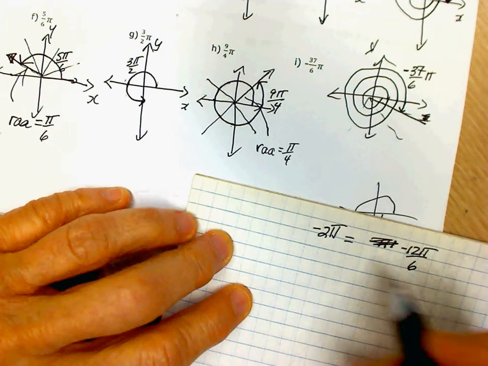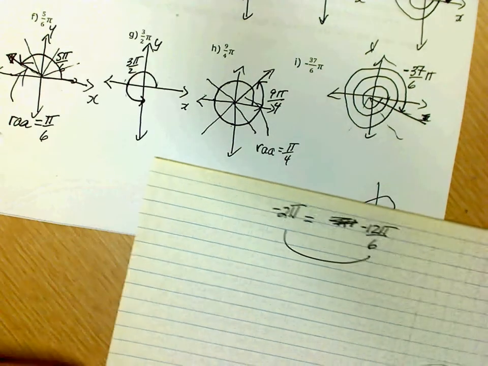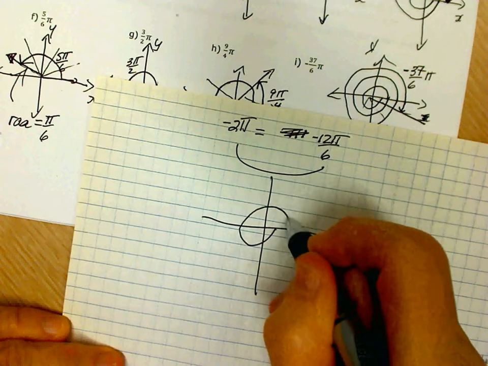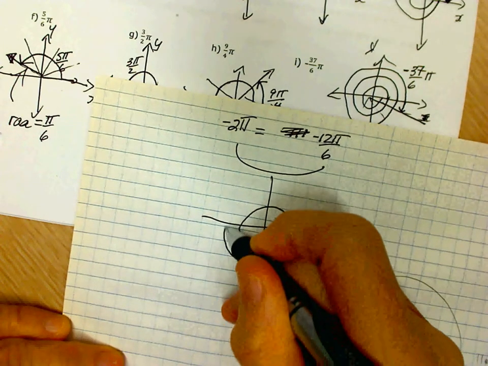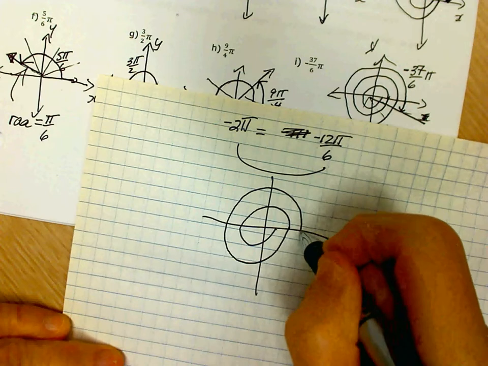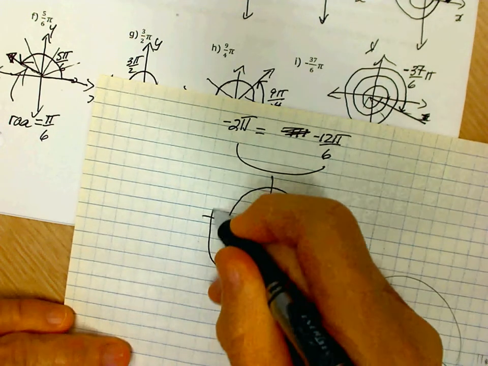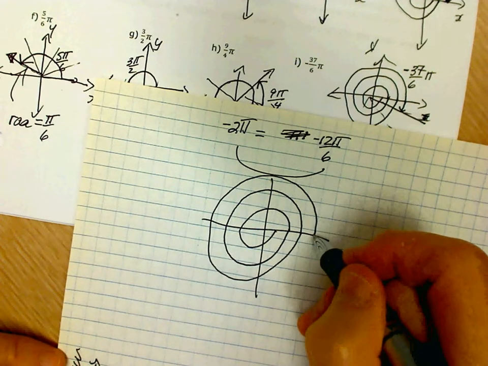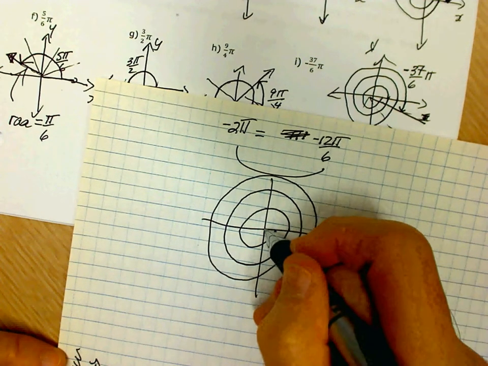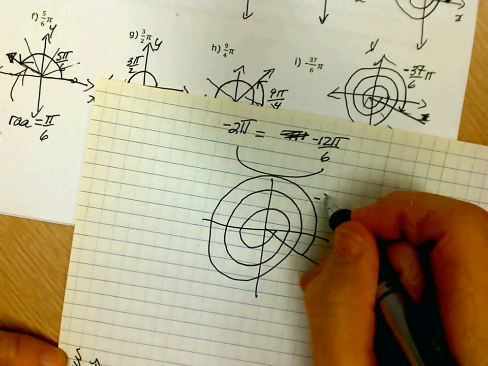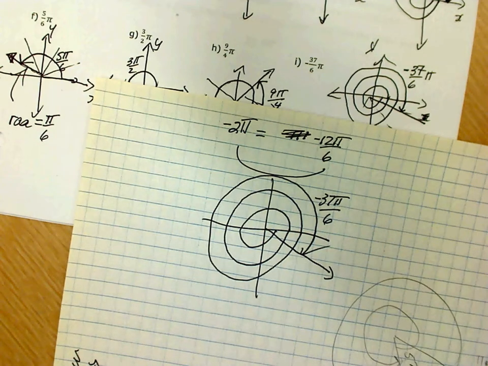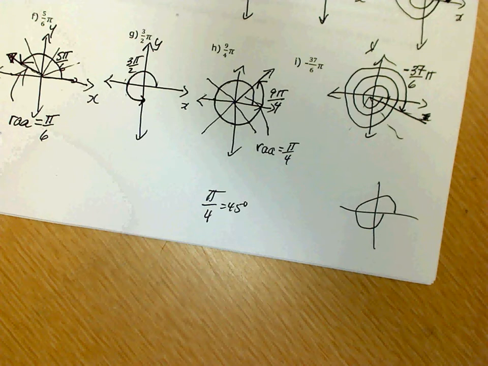So just doing it again: negative 12 pi by 6. 2 times that is negative 24 pi by 6. 3 times that is negative 36 pi by 6. So this is negative 36 pi by 6. We just need one more pi by 6. Okay? Those are angles in standard position.